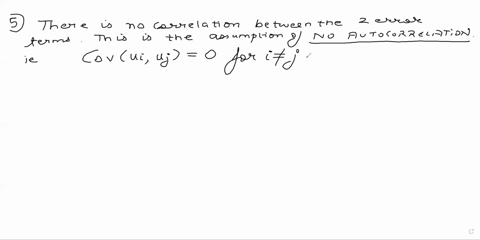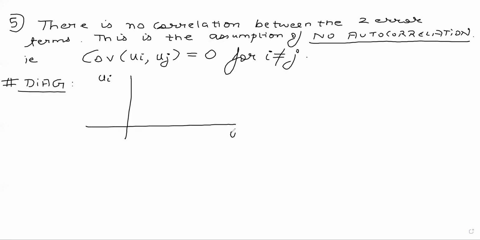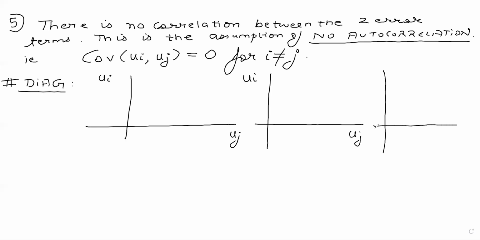If you want to understand it diagrammatically, you can look at it that way as well. Suppose we have ui on the vertical axis and uj on the horizontal axis. You can see I'm drawing three diagrams for ui and uj.